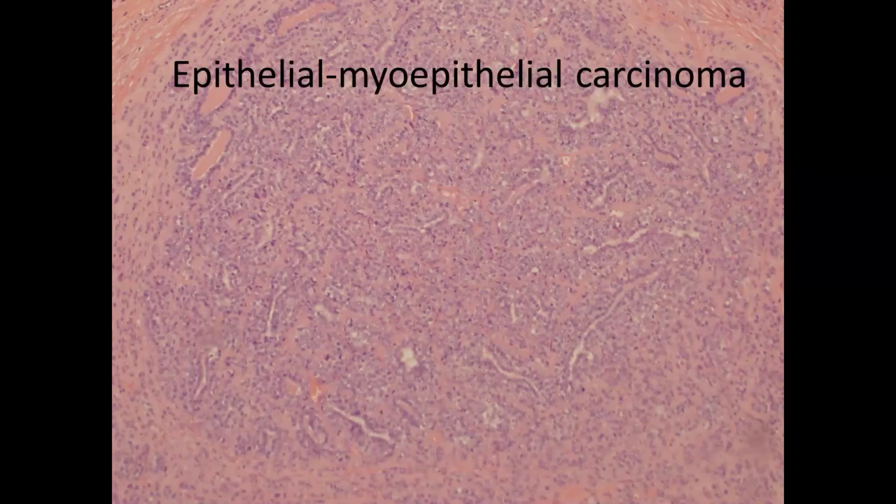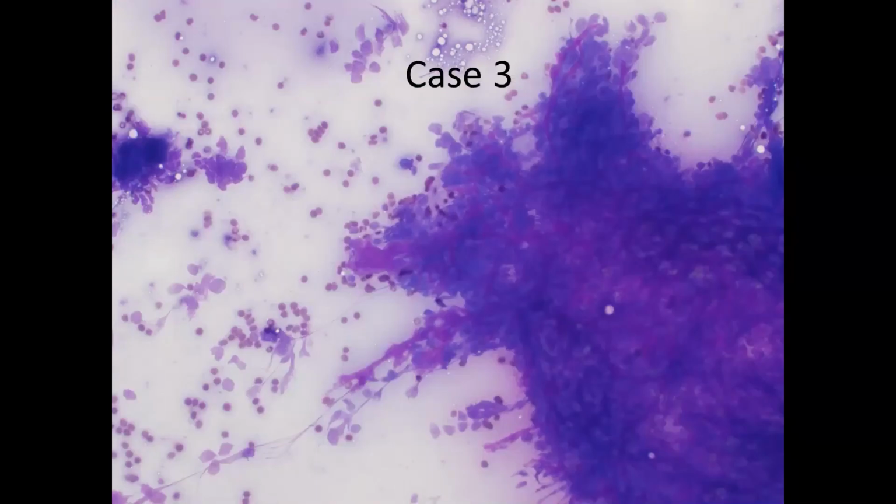Epithelial-myoepithelial carcinoma is a low-grade malignancy, so it's going to be approached surgically very differently. So our first aspirate, adenoid cystic, a high-grade malignancy; this aspirate looks, to my mind, almost identical. This ended up being a low-grade malignancy. It's a big difference. Here's our next aspirate.